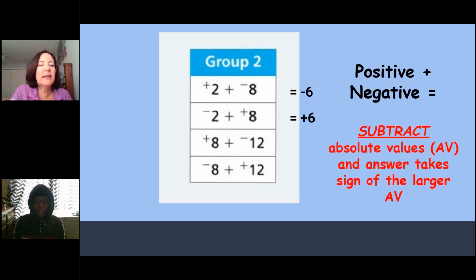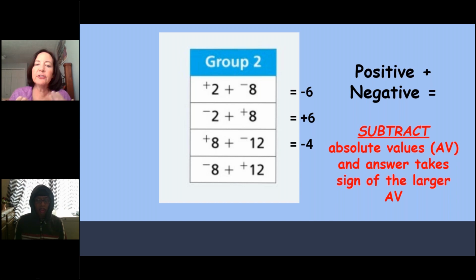It's +8 plus -12. Which is farther from 0, +8 or -12? So it would be a -4, because 12 is the farthest from the number line. Absolutely. Okay, so now try -8 plus +12.